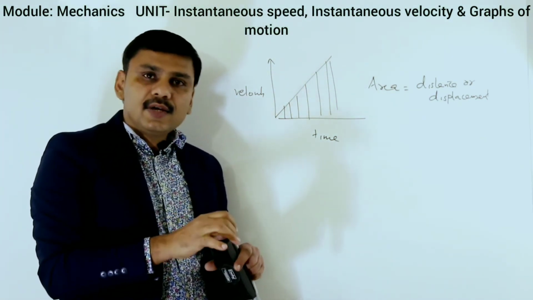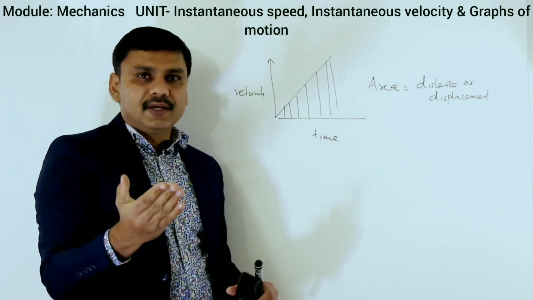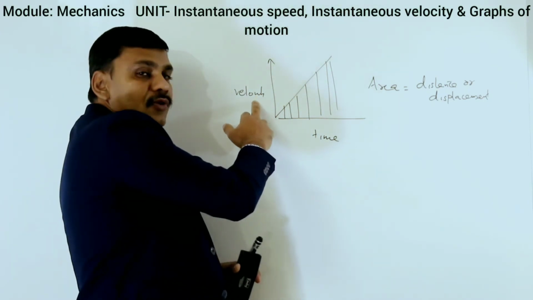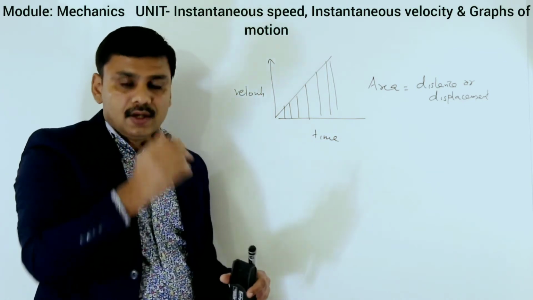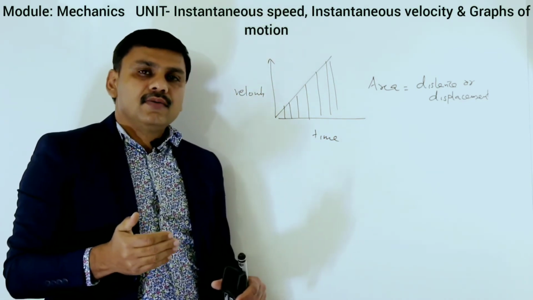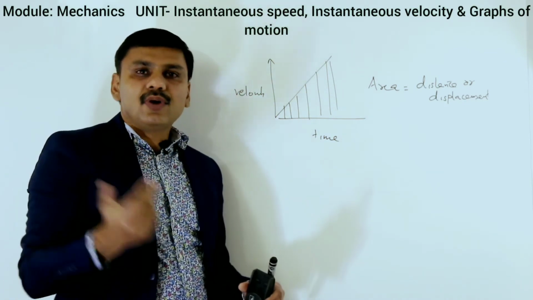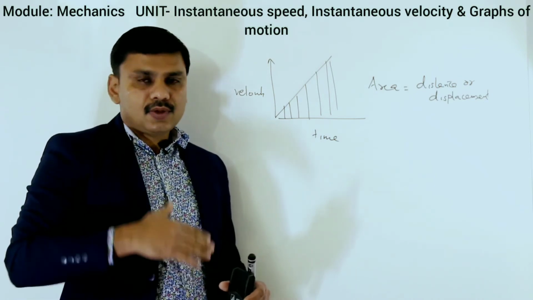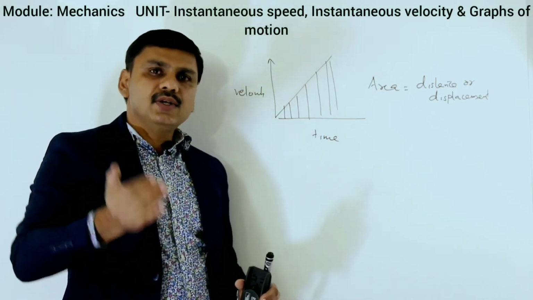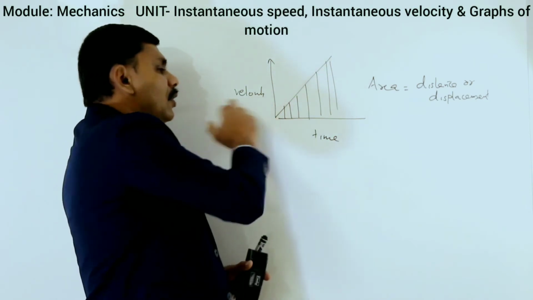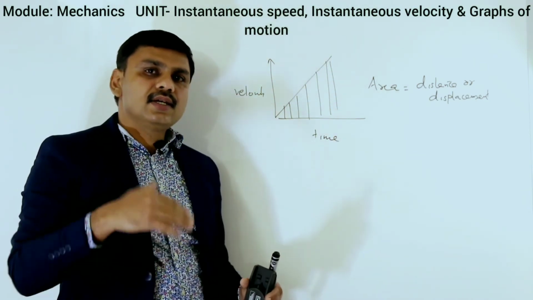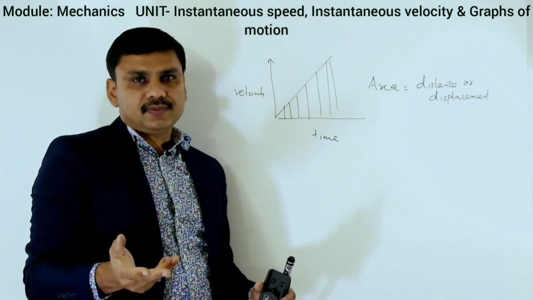So area gives the previous quantity of y. Here y is velocity. So before y, what is the previous quantity? Distance or displacement. So area gives the previous quantity of y. For velocity, the previous quantity can be either distance or displacement.